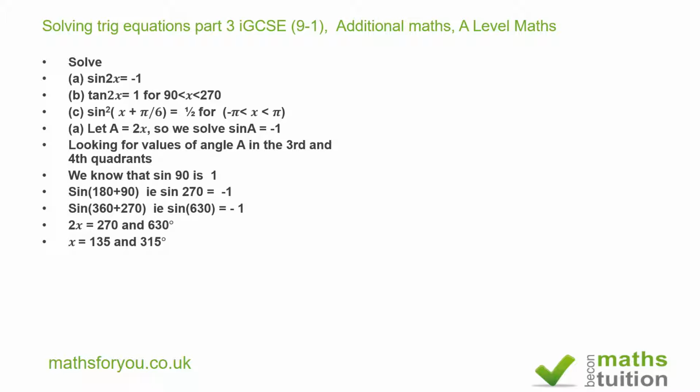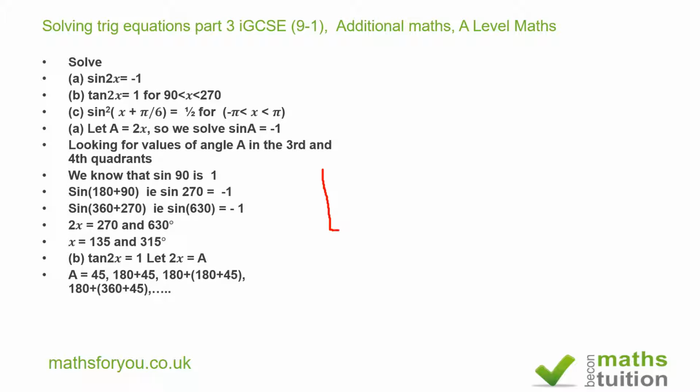Again, no calculators. Right, for the second one, it says solve tan 2x equal to 1. Let 2x equal a. We then have that a has got values of 45, because don't forget you're not allowed to use calculators, but you're supposed to know that if you drew an isosceles right angle triangle, as you have in this case here, that is 45 degrees, and that is also 45 degrees there.